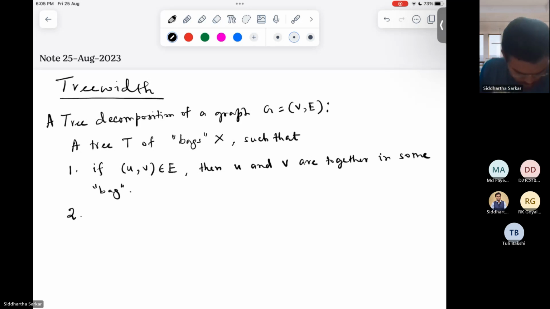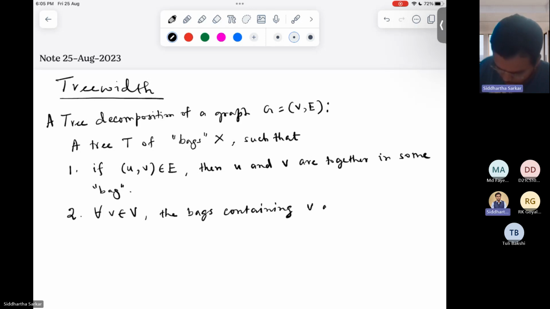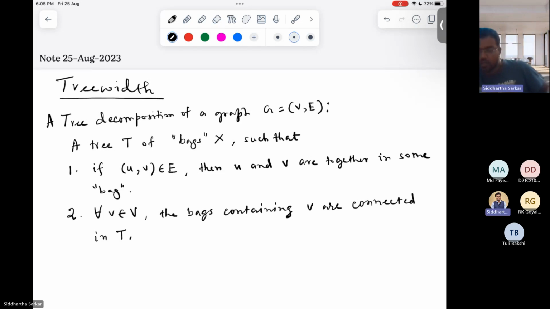And second, for all vertices in the graph, the bags containing a given vertex are connected in T. Okay. So basically, there is a graph, and you are converting that graph into a tree-like structure while ensuring that you have satisfied these two conditions.